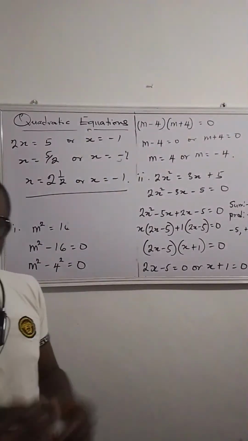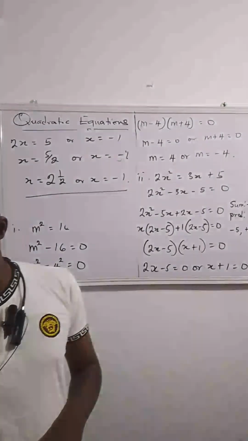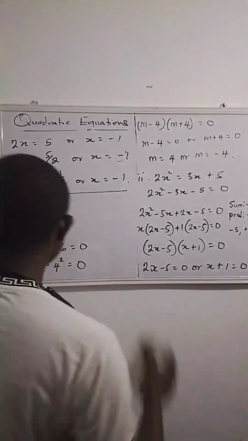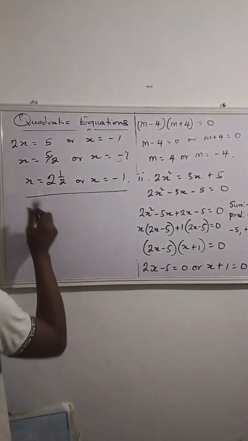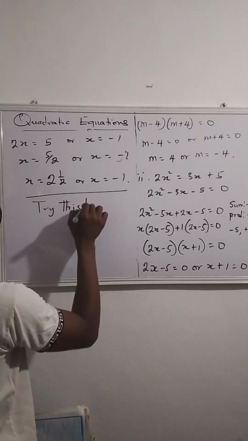All right, so I'm going to give you your own. I want to believe you are ready for your question. Now let's try this. Try this problem and let's have your answer in the comment section.